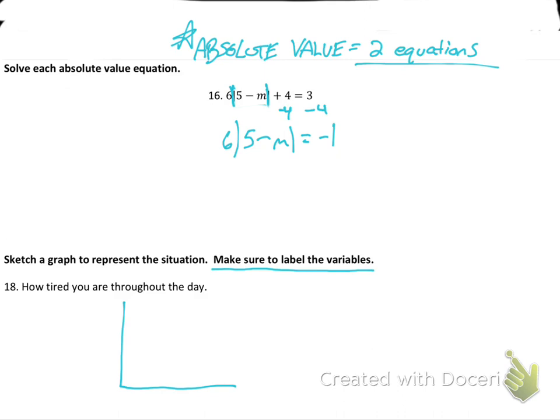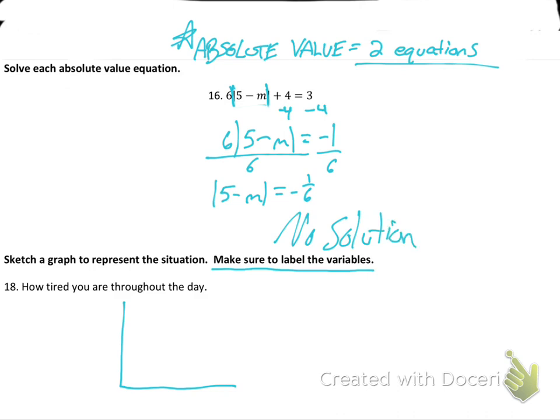Then I have to get rid of this 6, so I'm going to divide the whole thing by 6, and I'm going to get 5 minus m is equal to -1/6.